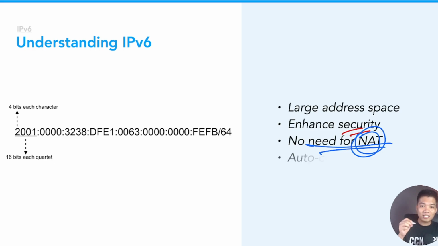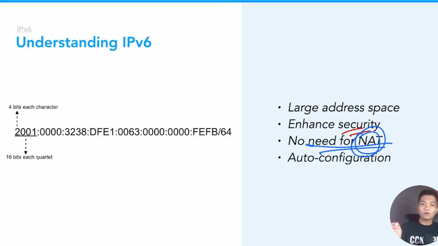Another feature is that it also has auto configuration, the so-called SLAAC and stateful, which we will discuss in the near future. So those are some of the important features and characteristics of IP version 6. This is just an introduction. As we move on in this IP version 6 module, our understanding of IP version 6 will go deeper.